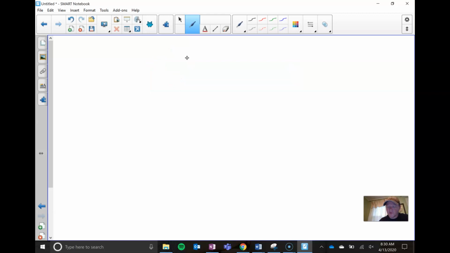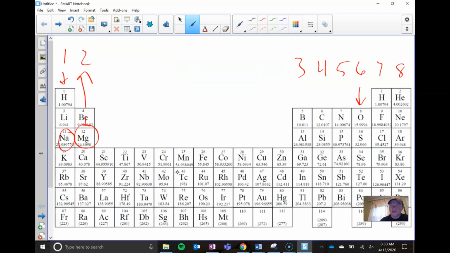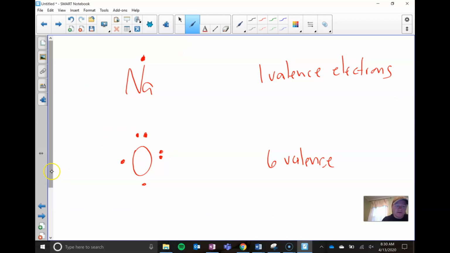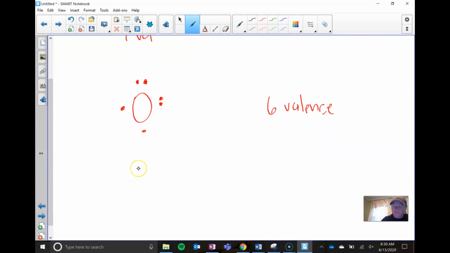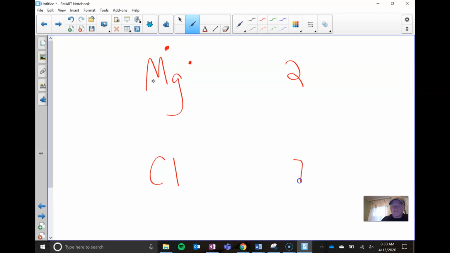Let's do one more example. Let's say we've got an atom of chlorine. We go to the periodic table, and the most difficult part for some of us is just finding the element. Chlorine is in main group 7, so it has 7 valence electrons: 1, 2, 3, 4, 5, 6, and 7.